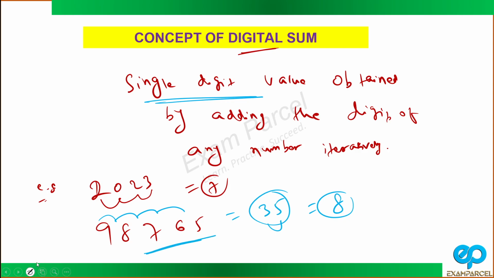I hope you are aware of this, right? I hope you understood this concept, that you will keep on adding the digits until you get a single digit value. You cannot stop before that. Okay, so let us discuss a few more examples.